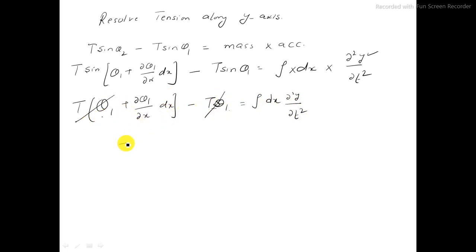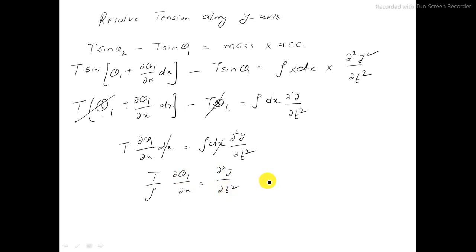We are left with T partial theta 1 by partial x into dx equal to rho dx partial square y upon partial t square. So dx and dx cancel out. We are left with T upon rho partial theta 1 by partial x equal to partial square y upon partial t square. This is the equation we have got after resolving the tensions.